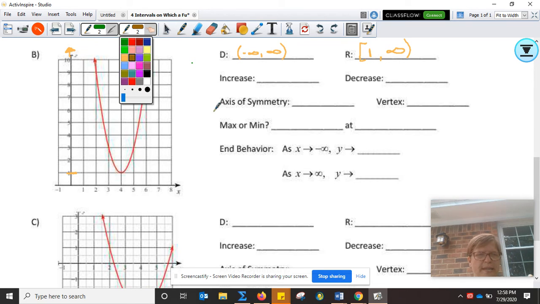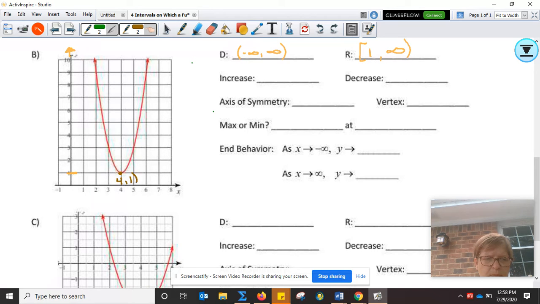At what point are we increasing? Okay, remember this ordered pair is (4, 1). So we're increasing. Look at your graph, read it from left to right. This is going to be negative infinity, and this is infinity.